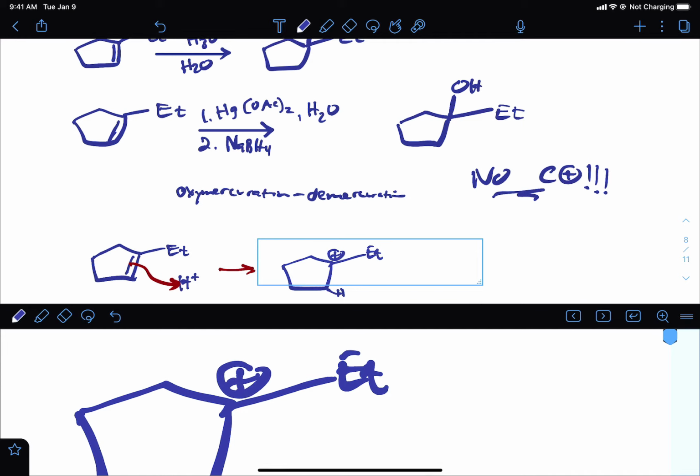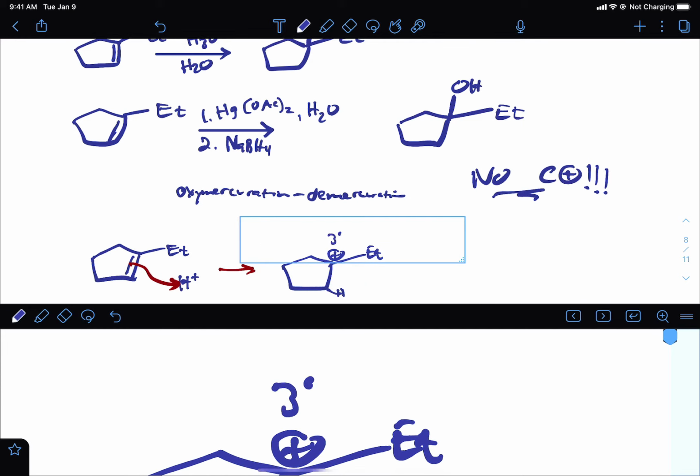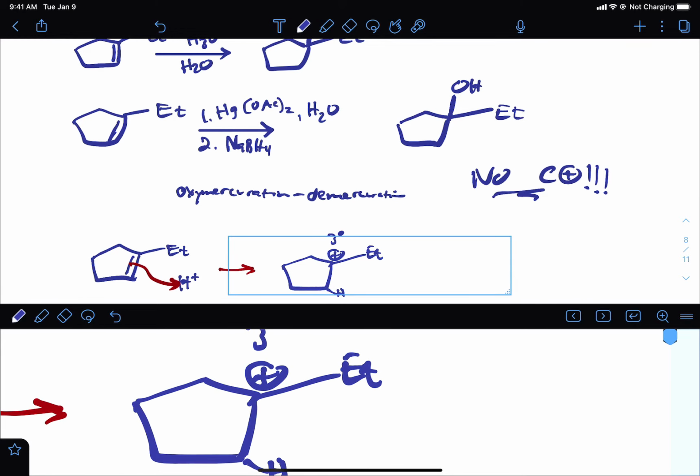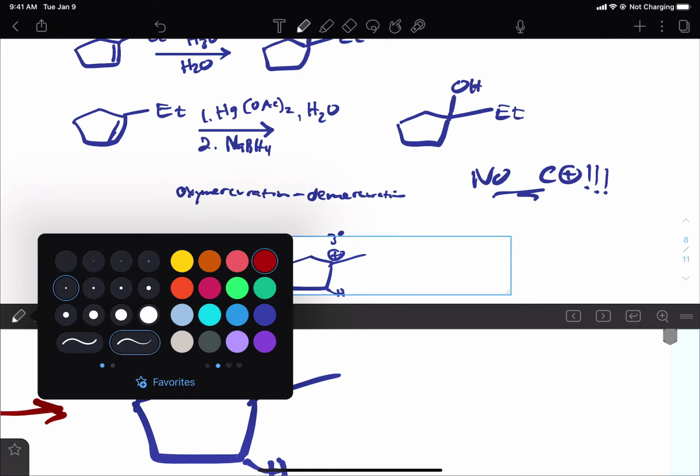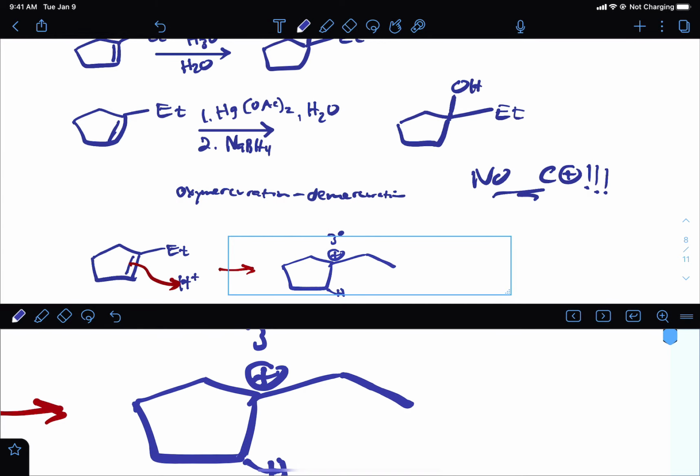That's already tertiary. There is no neighboring hydrogen that could shift and result in a better cation. Okay, this ethyl group, I've been abbreviating it for simplicity, but that ethyl group has 2 hydrogens.